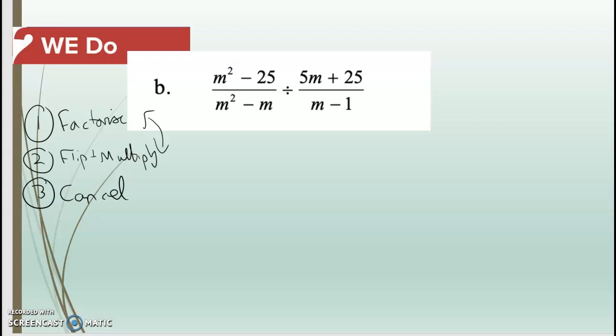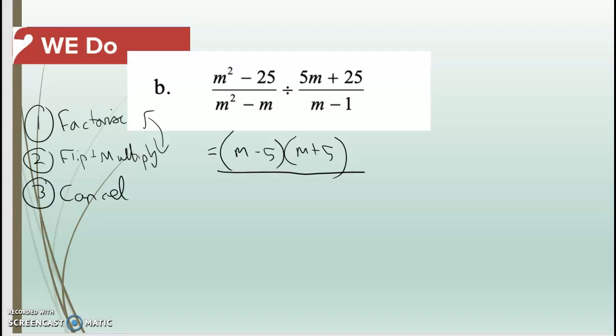So m squared minus 25, that's the difference of 2 squares. So it's (m minus 5)(m plus 5). You can see now why we needed our factorization to be fluent, so we can do this work.